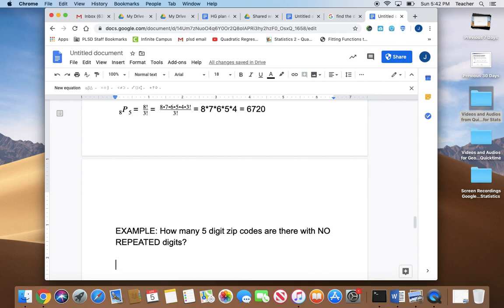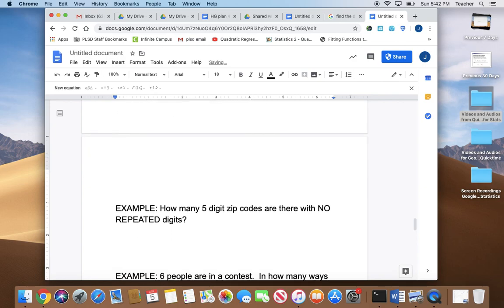So that means you cannot repeat. So I have 5-digit zip codes. 1, 2, 3, 4, 5. So total there are 10 digits. So you have 0, 1, 2, 3, 4, 5, 6, 7, 8, and 9. So there are 10 choices for the first digit, and then 9, because it's very clear there are no repeated digits.